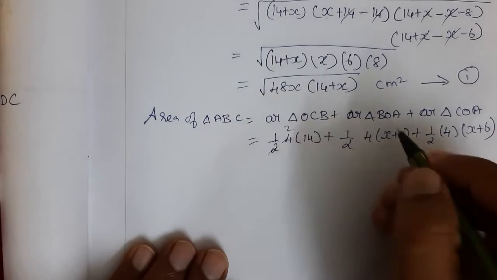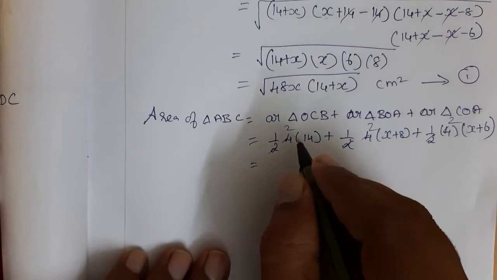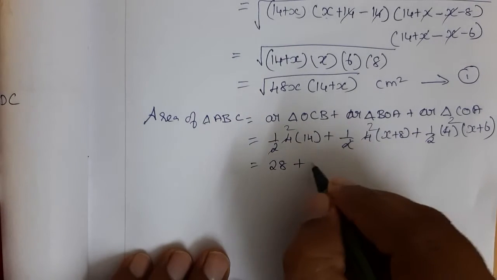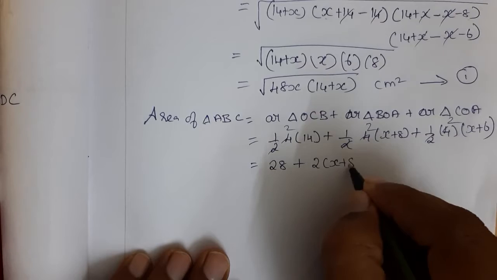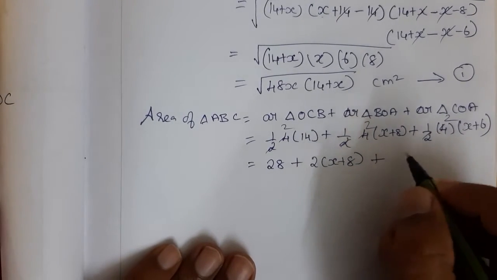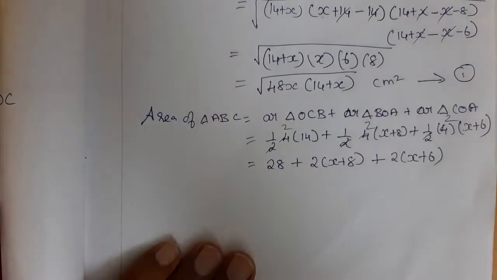So it will become 2 times, so you'll be getting 2 into 14 is 28, plus here 2 into x plus 8, plus here 2 into x plus 6.